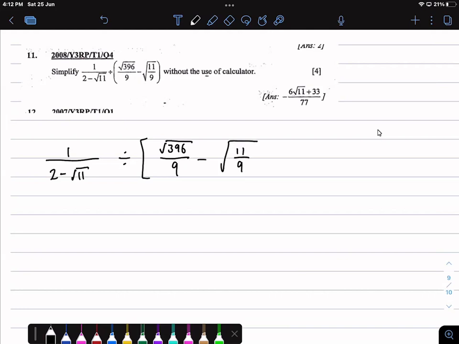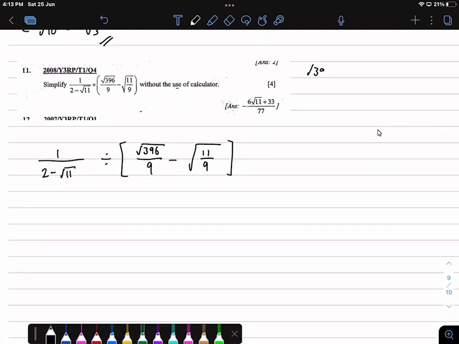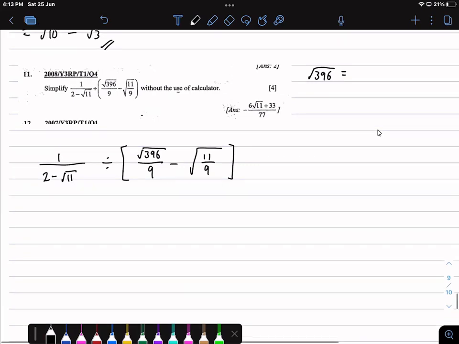396 is a bit big. Can we simplify the square root of 396 first? What would it be? Okay, prime factorize it for me first. It is 2 squared times 3 squared times 11.